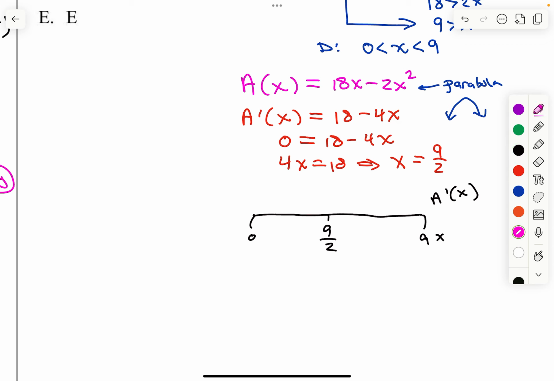And if I plug in, for example, plugging in 0, something to the left of 9/2 into my derivative, I get a positive number, which means my function is increasing. And then if I plug in, for example, 9 into my derivative, 18 minus 4 times 9 is a negative, which means my function's decreasing, which means I found a max by the first derivative test.